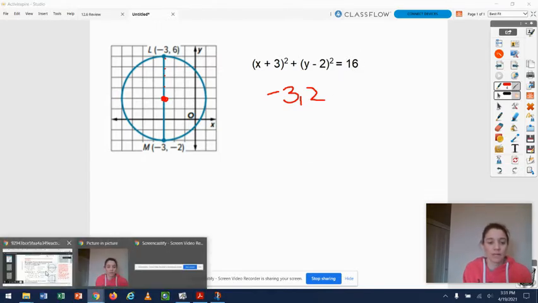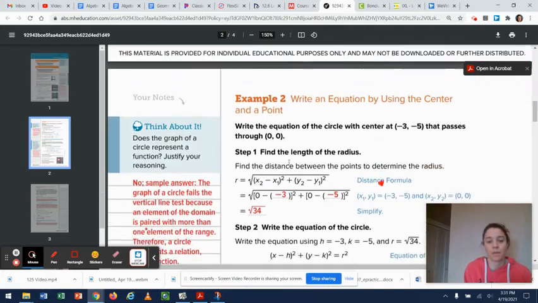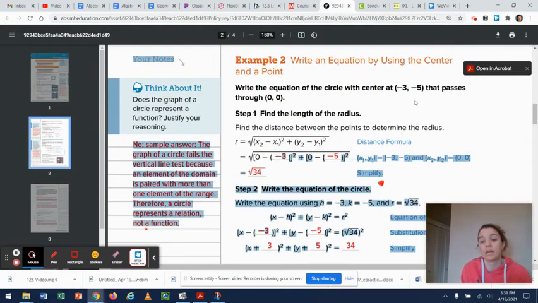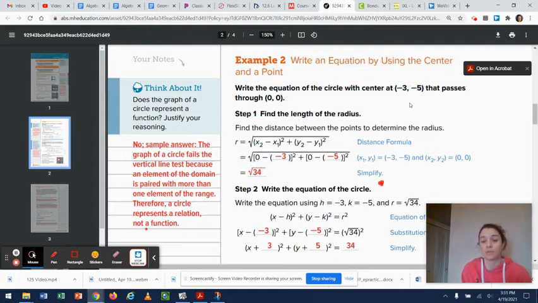All right, so on the next question, it's asking us to write an equation if it's giving us the center at -3, -5, but it passes through the point at 0, 0. Now is where we get to use the distance formula because we will need to know the length to find our radius. Reminding you that the distance formula was a way long time ago, where we did the square root and we subtracted the x's squared plus subtracting the y's squared.